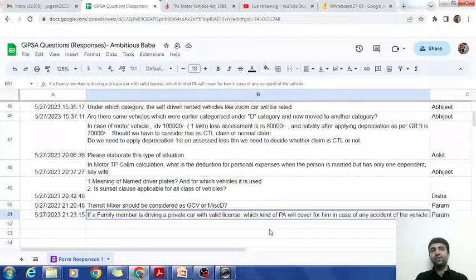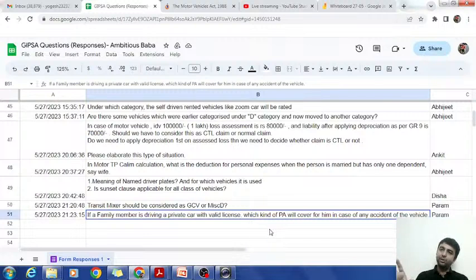See, as far as my understanding goes, there is still a categorization of transport and LMB. The medium goods vehicle thing has been eliminated. Earlier the categorization was LGV, light goods vehicle, medium goods vehicle, and heavy goods vehicle, HGV. Now the recent guidelines say there is no such categorization.